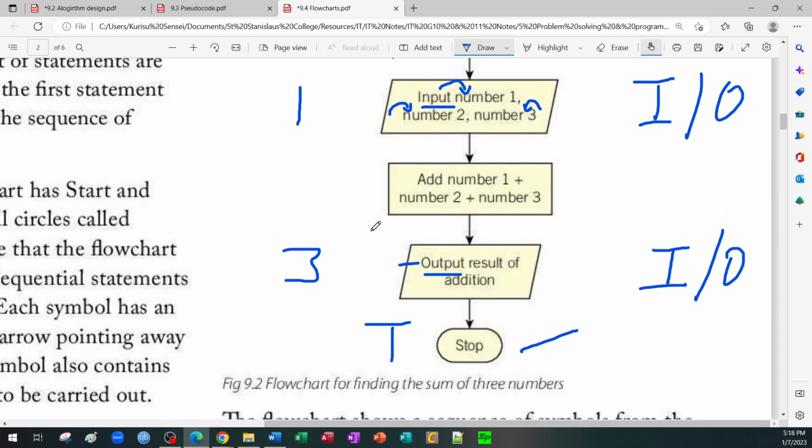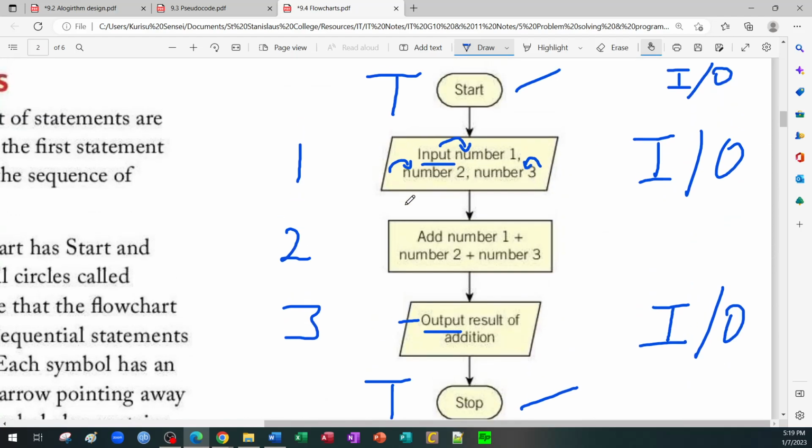So let's look at the second symbol here. Notice here we have a process. This is the process symbol, a rectangle, and inside of it we have a calculation. We're adding the variable number 1 plus the variable number 2 plus the variable number 3.